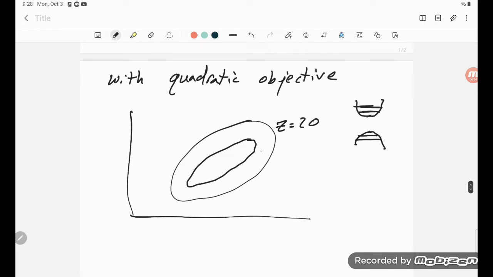But let's say this is z equals 15, and you could have one in here that was maybe z equals 10. If we were trying to minimize, we'd want to be heading in toward the center, which would be z equals 0. If we were trying to maximize, we'd head out this direction because z is getting bigger.